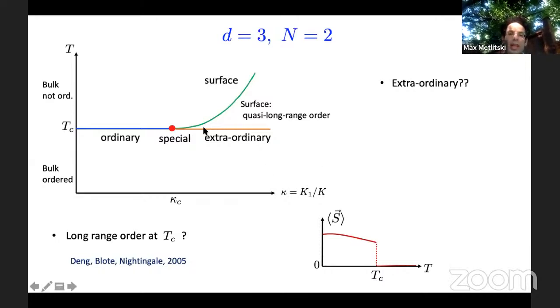If we try to do the same at the bulk critical point, then we end up with an effective boundary Hamiltonian with power law coupling between spins. And we know that when we have power law coupling between spins, in principle, the Mermin-Wagner theorem does not apply anymore, and we could have true long-range order. But it turns out this does not actually happen. I'll show analytically that this is not what happens.